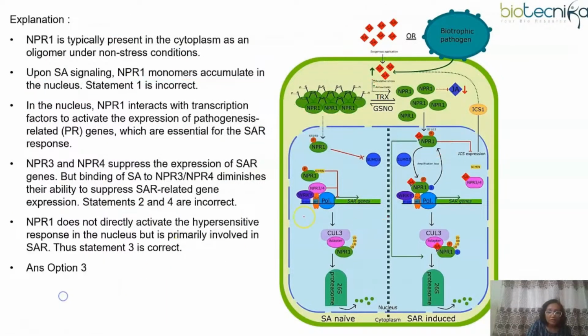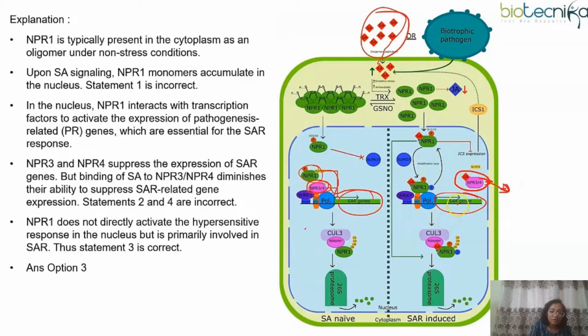Because both NPR3 and NPR4 normally bind to NPR1 and they block the SAR genes, they block the SAR response. But in presence of salicylic acid, after signaling initiated by salicylic acid, NPR3 and 4 are removed, because of which the suppression of SAR genes is now removed.